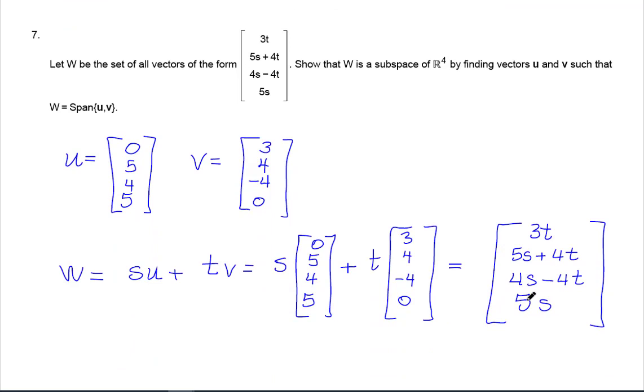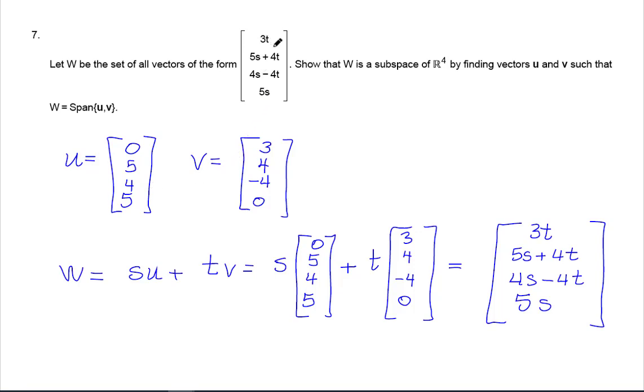All right, let's see in question 7. What if I've got vectors of this particular form? Is it a subspace of R4? Well, simply look for all the pieces that have an s in it. So that's nothing from the first part, a 5, a 4, and a 5.